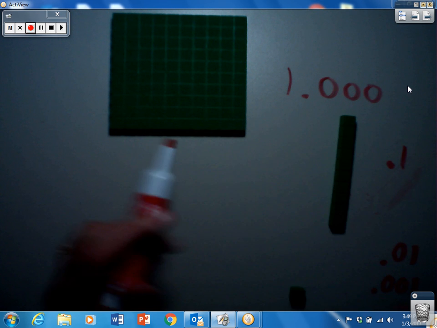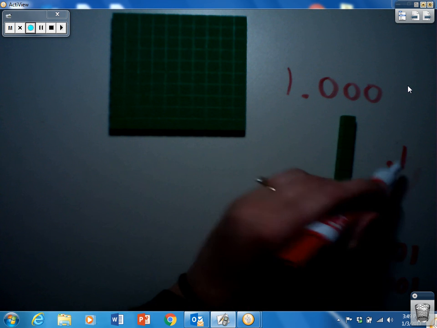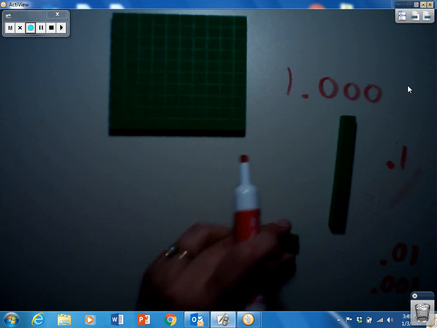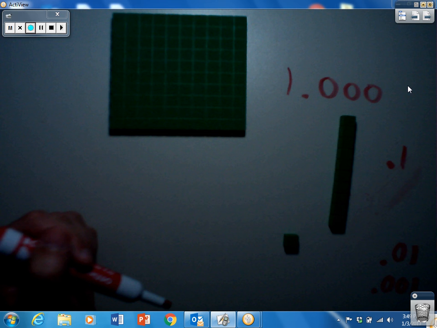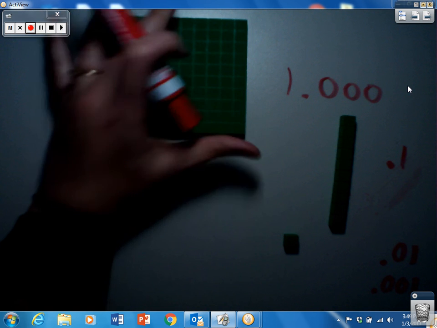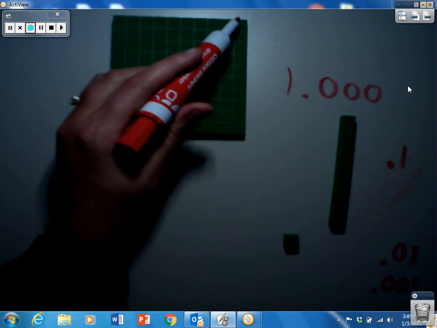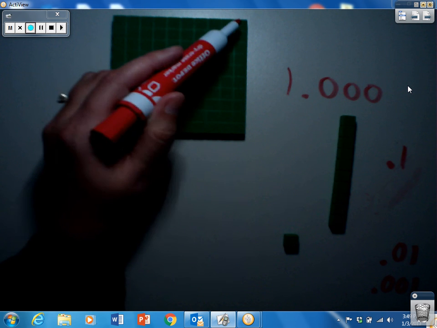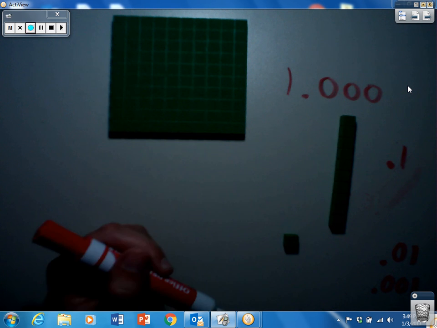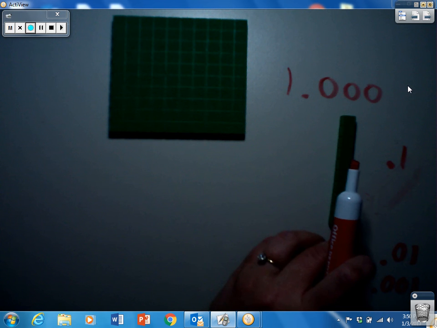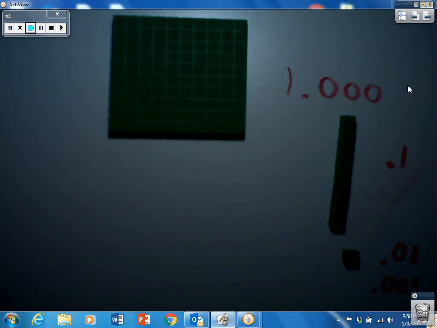So therefore, this would equal 1/10 of my whole thing. How many cubes are there in my flat? So I can keep counting. 1, 2, 3, 4, 5, 6, 7, 8, 9, 10. And since I know there are 10 in each long, 10 times 10 is 100. So one cube is 1/100th of my flat.